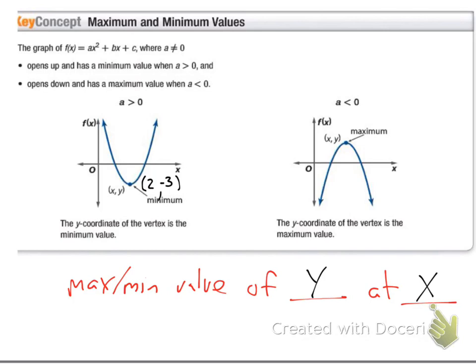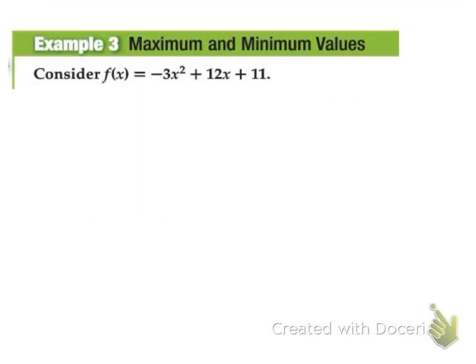Is it 4, 3 or 3, 4? It's 4, 3. Max value of 3 at 4. X always comes first, but when we state it, we're stating it the other way. Craziness. So, the last problem before we are done for the day.